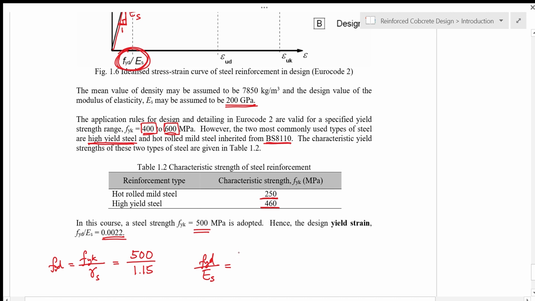So this will be 500 over 1.15 and then divided by 200 gigapascal, and we will get 0.0022. So that's all for the introductory part of reinforced concrete design.